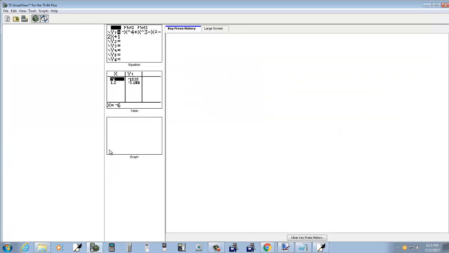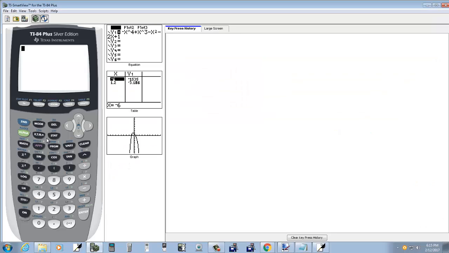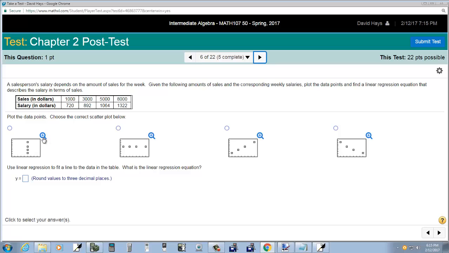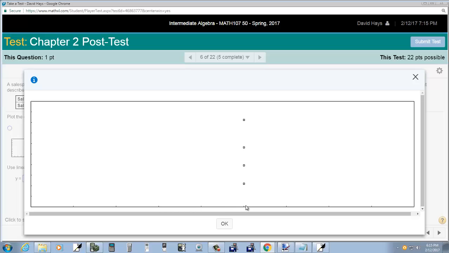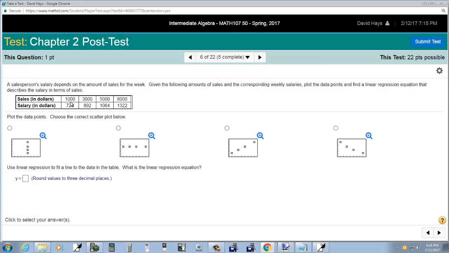First off, plotting the points. Let's look at the points: 1,000, 720. Let's see what these tick marks are. I would assume that it's either this one or this one. The progression of these, 1,000, 2,000, 3,000, 4,000, 5,000, 6,000, 7,000, 8,000, makes sense for these tick marks if each one is 1,000.